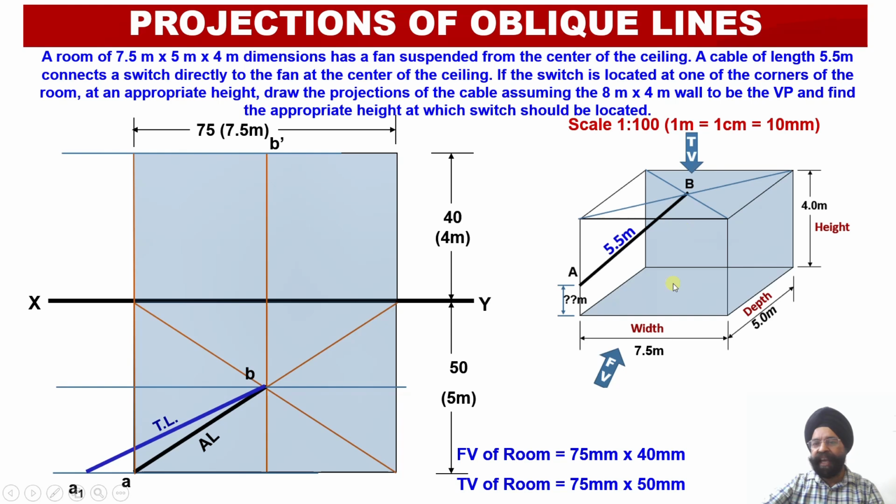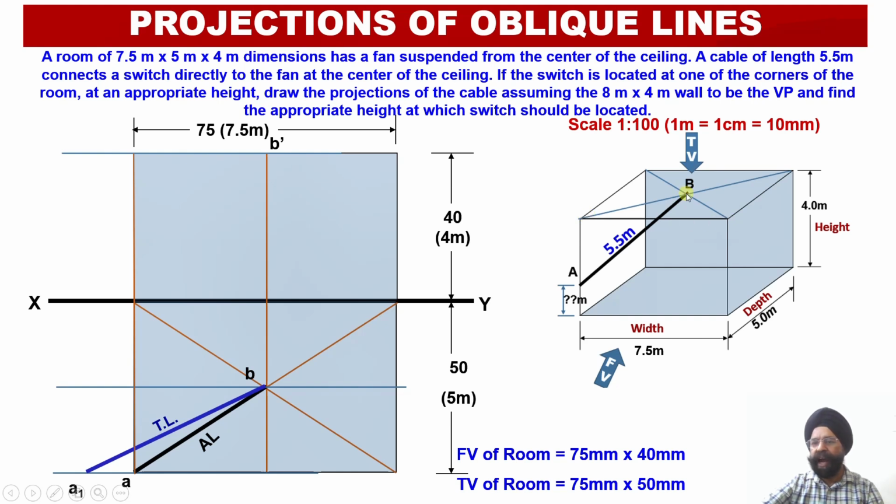Now, as I look at this room from the front, I know that this is my ceiling point, and in the ceiling, this is the location of suspension of the ceiling fan. It is this point which can be easily located even in the front view. So this will be the midpoint of the width over here. This is the width of the room, which happens to be 75 millimeter.